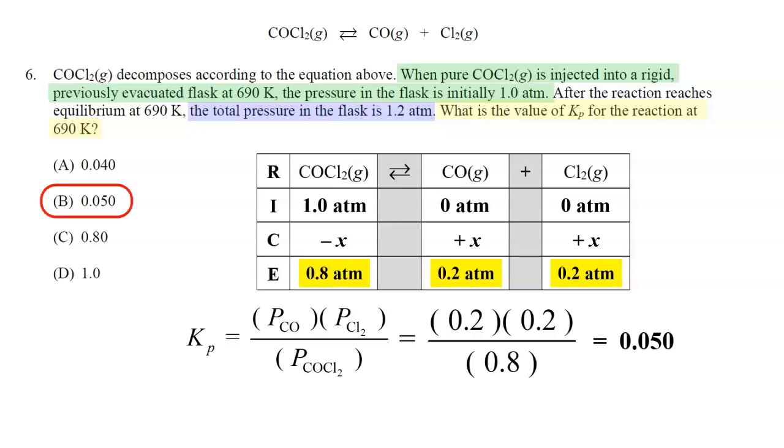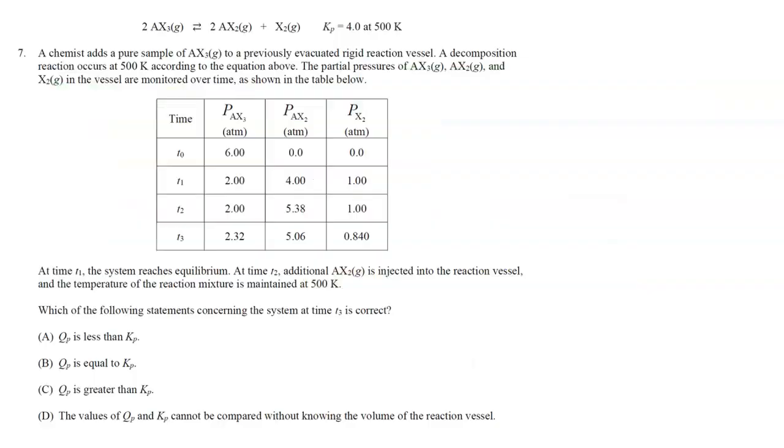Now let's take a look at question 7. In question 7, it says, a chemist adds a pure sample of substance AX3 to a previously evacuated rigid reaction vessel. A decomposition reaction occurs at 500 Kelvin according to the equation above.